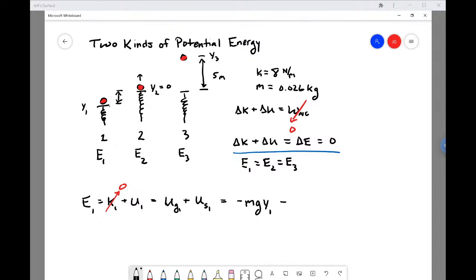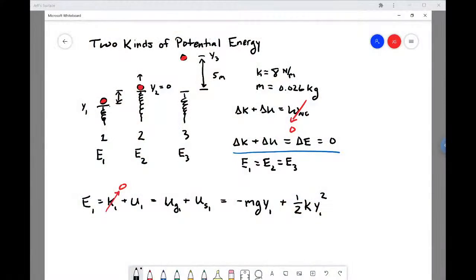Now the spring energy is going to be positive because the spring is compressed a distance equal to y1. Its 0 point is y2, so it's compressed the distance equal to y1. And the potential energy that's stored in the spring is 1/2 k y1 squared.